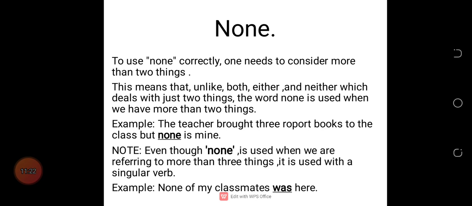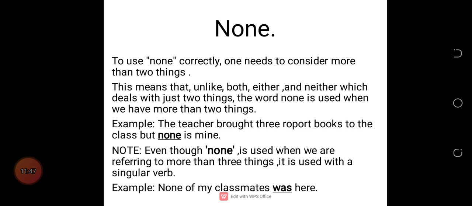So you would have to know what exactly you are talking about, and then you introduce the verb. When you use the word none, it goes with a singular verb. When you use the word either, it goes with a singular verb. When you use neither, it goes with a singular verb. But when you use both, it goes with a plural verb. So take note of that.